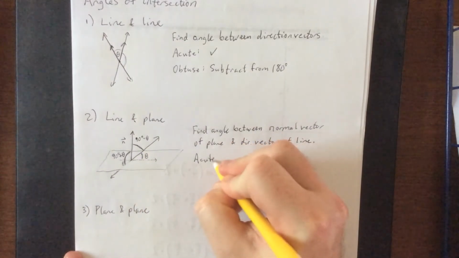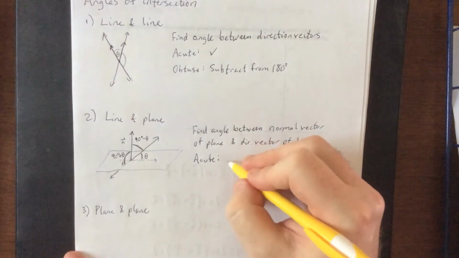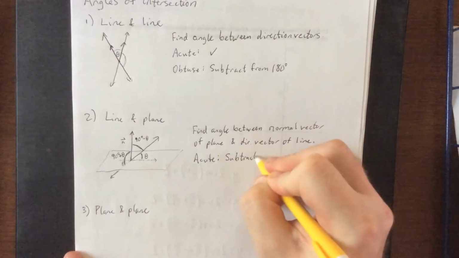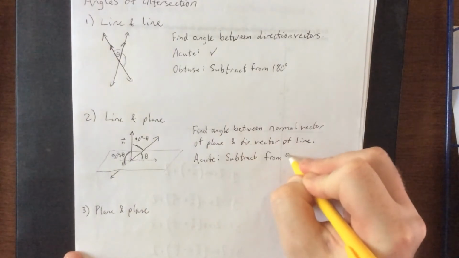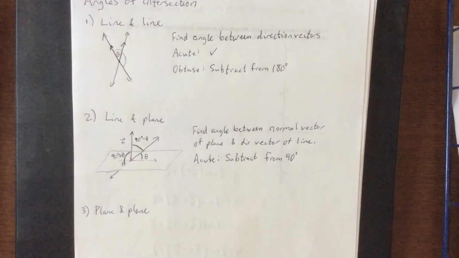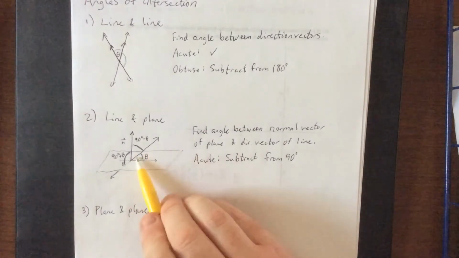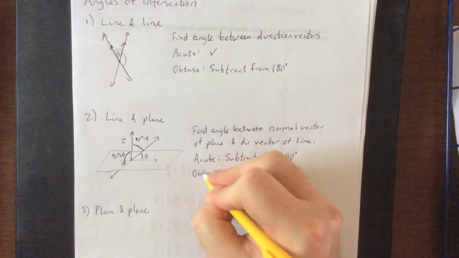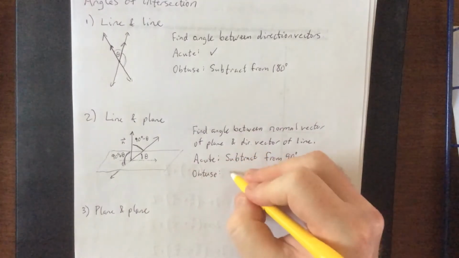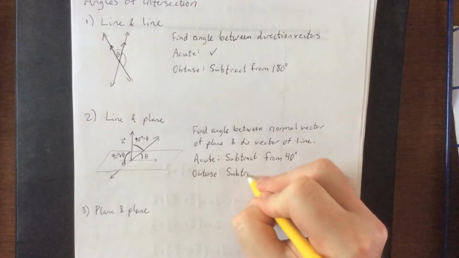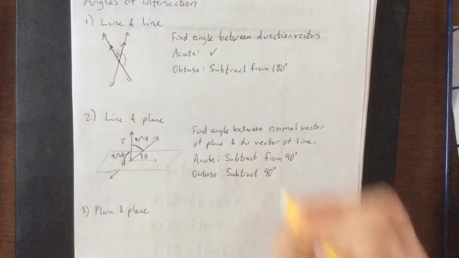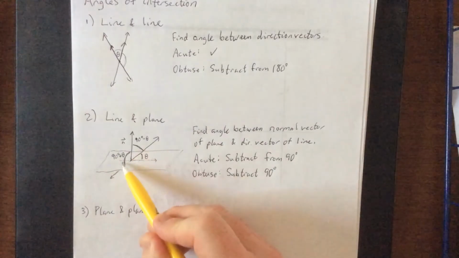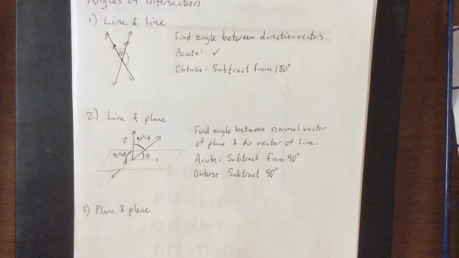If the result is acute, then what we're going to do is subtract from 90 degrees. That'll give you the angle of intersection between the actual plane and the line. If the result we get is obtuse, then you are simply going to subtract 90 degrees. So if what you get is obtuse, you officially have 90 degrees plus theta, subtracting 90 degrees, and you will be all set.